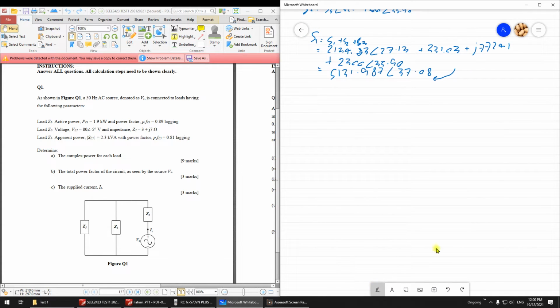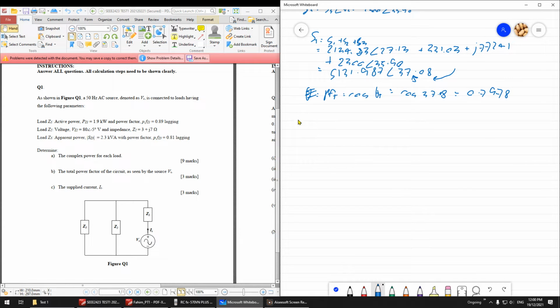PF total is equal to cos theta total. Theta total is this one, so cos 37.08, and you get 0.7978. That is how you solve question number 1b.